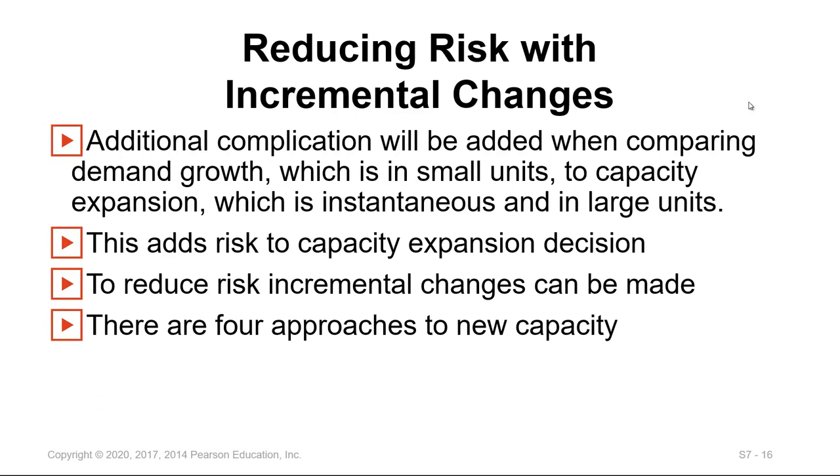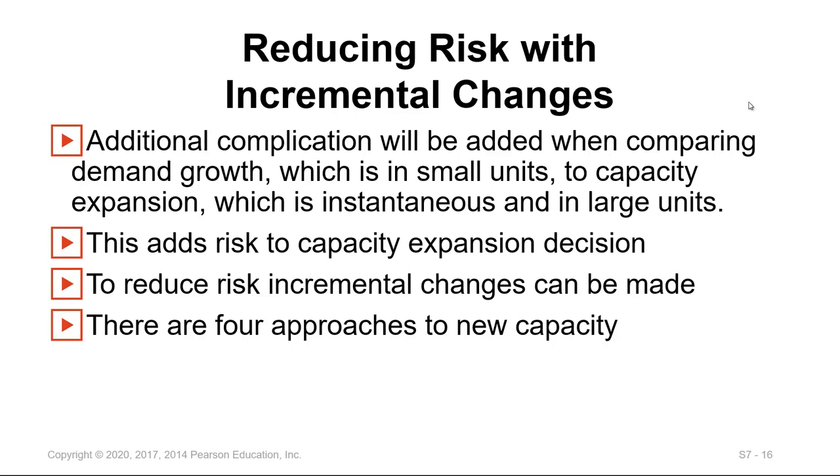An additional complication will be added when comparing demand growth, which is in small units. Usually, if you have a demand, you will have it like for 20 items, 100 items more. While if you want to expand your factory, you are adding a whole line that might add thousands instantaneously.